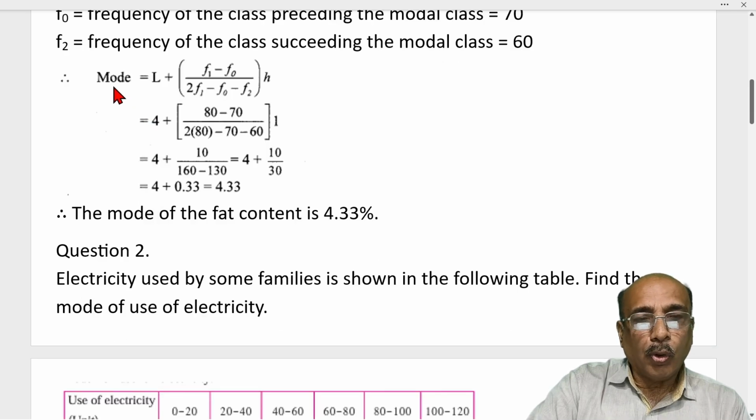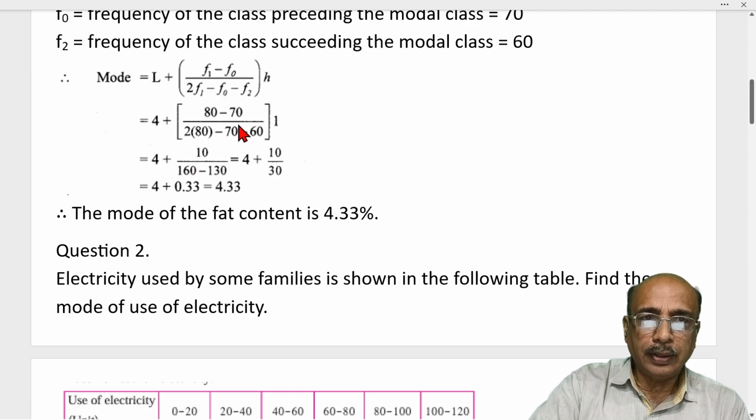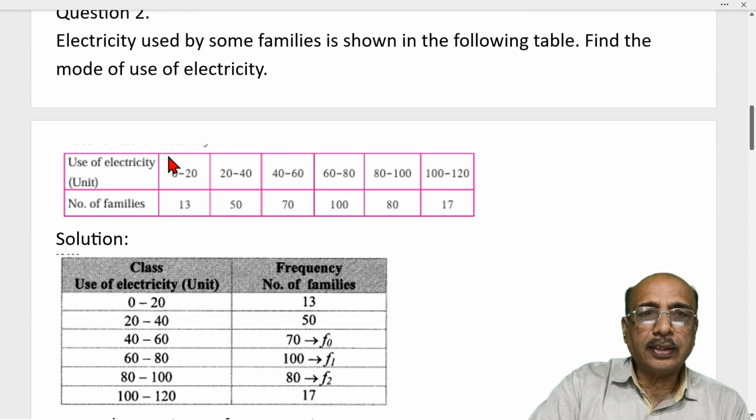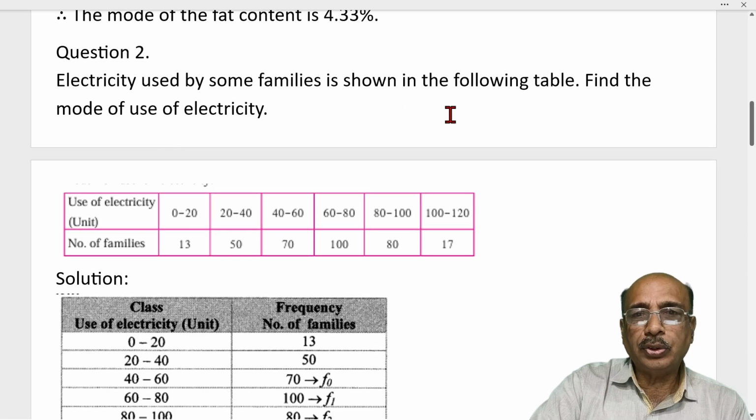Now, mode equals L plus, in bracket, F1 minus F0 upon twice F1 minus F0 minus F2, into H. Substituting the values and calculating, first calculate the bracket and then simplify it. You will get mode equals 4.33. The mode of the fat content is 4.33%.